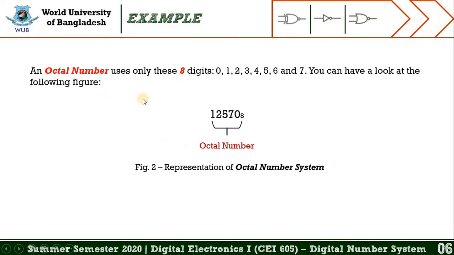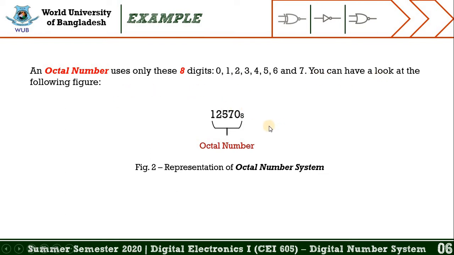From this slide, we may learn the example of octal number. So let's begin. An octal number uses only 8 digits. We already know this, such as 0, 1, 2, 3, 4, 5, 6, 7. You can have a look at the following figure.